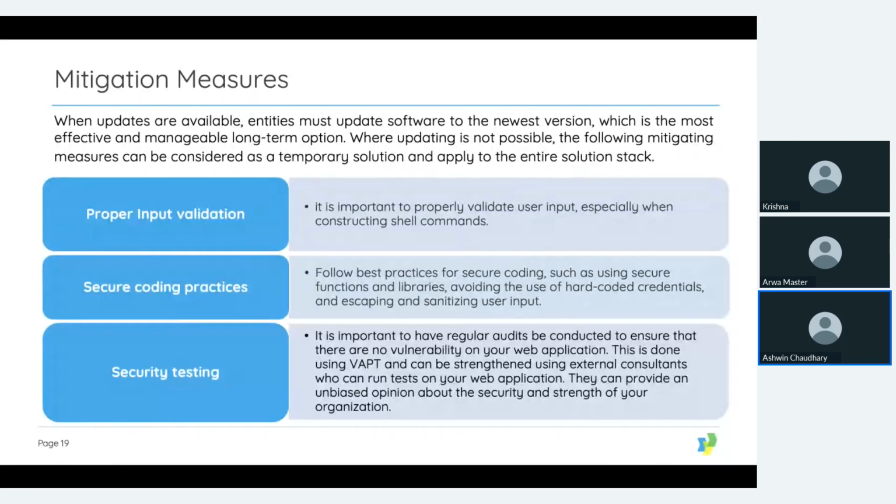Do thorough security testing at least once a year with a good audit firm like ours who can do external VAPT for your organization, not only at the application layer, but at the entire infrastructure layer below that. So security testing once a year, or after every major release, is the best practice.